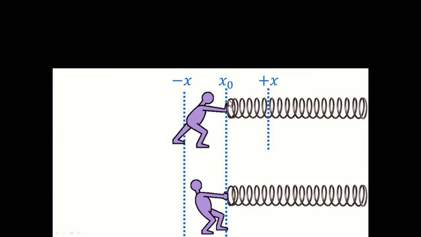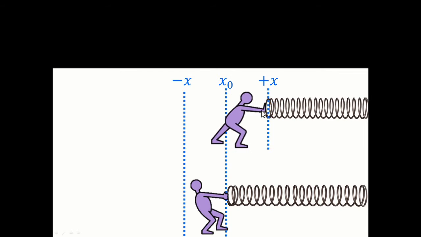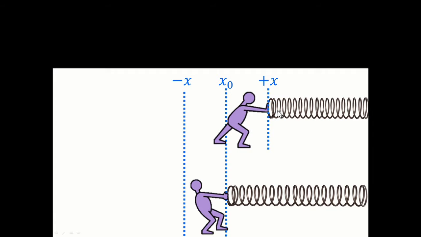When the spring is in its natural position, not being pulled or pushed, we'll call that its initial position. When we push and compress that spring in the positive direction, the force that the spring exerts is going to be back to the left.